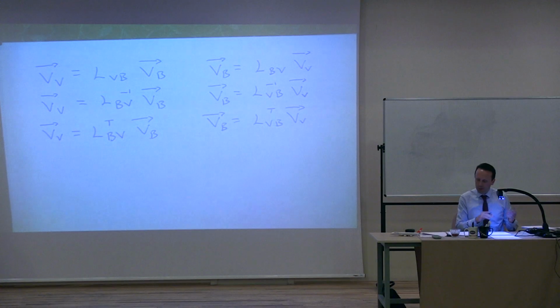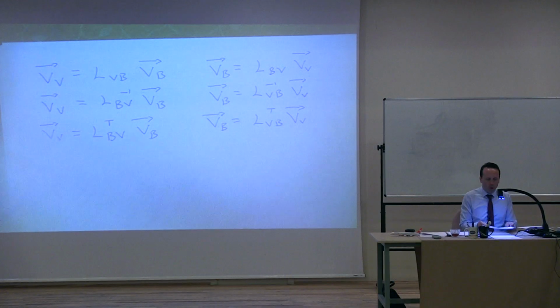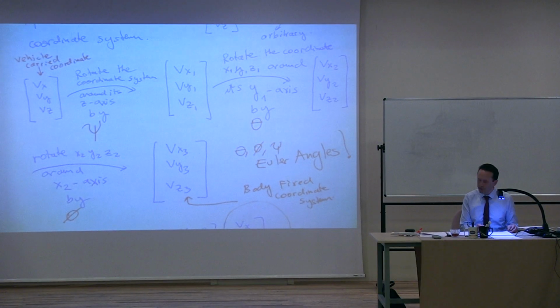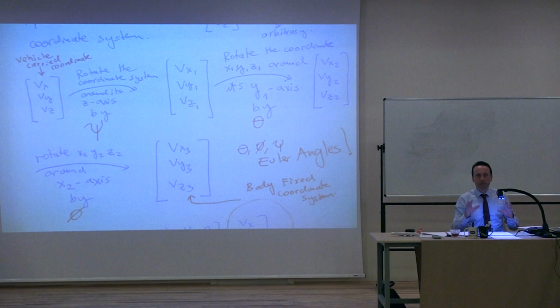So this is a very, very useful property, because once you find the transformation matrix from one to another, you can do the opposite. Now this property is true for all transformation matrices that go from one coordinate system to another, doesn't matter which order you follow, right? The transpose-to-inverse property holds always.